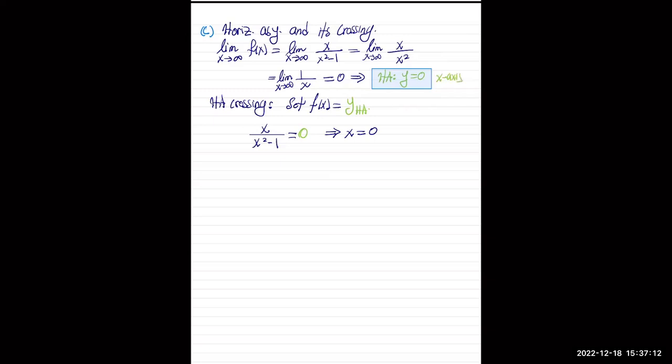The x-axis is also the horizontal asymptote, and therefore the x-intercept is going to be the crossing of the horizontal asymptote. The graph crosses the horizontal asymptote at x equal to 0.